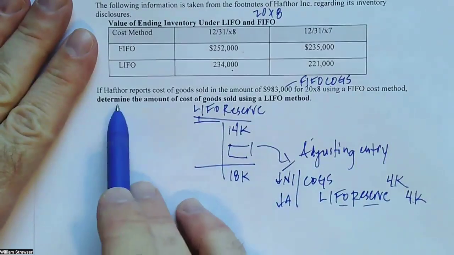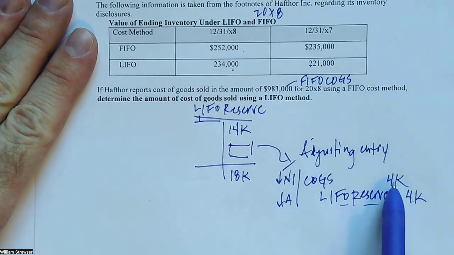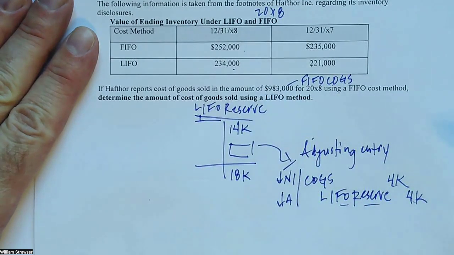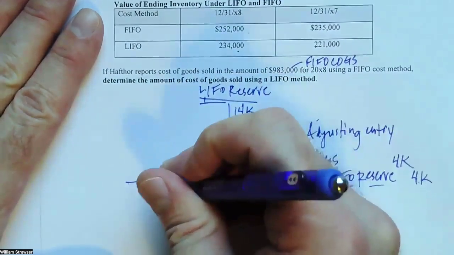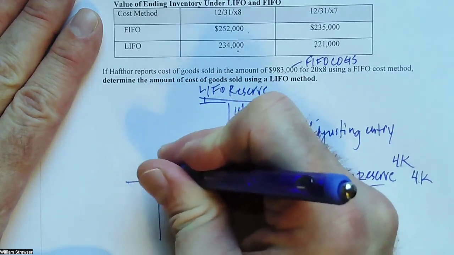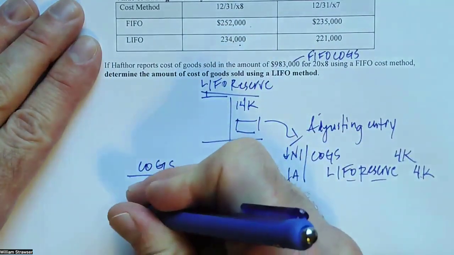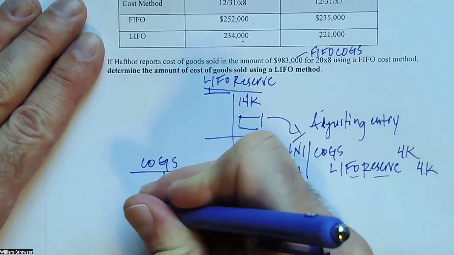Applying this, we can easily determine what the cost of goods sold would be as we adjust from the FIFO COGS of 983 to the LIFO COGS. If it helps, think of it in terms of really what's going on: my cost of goods sold is already at 983.